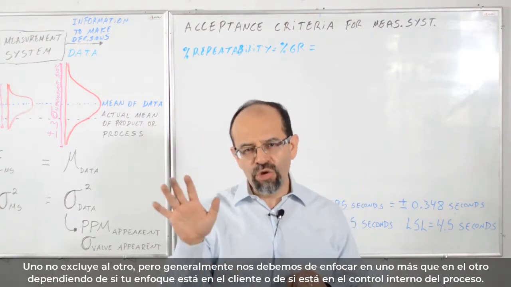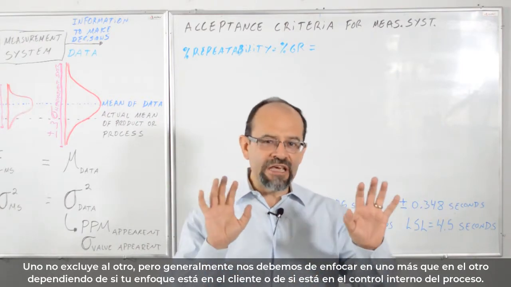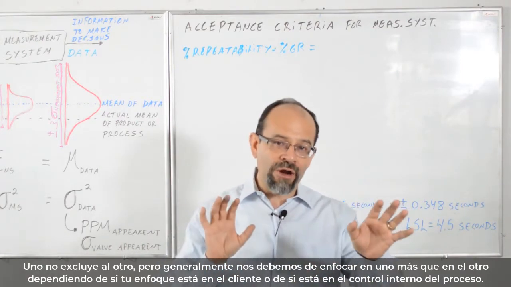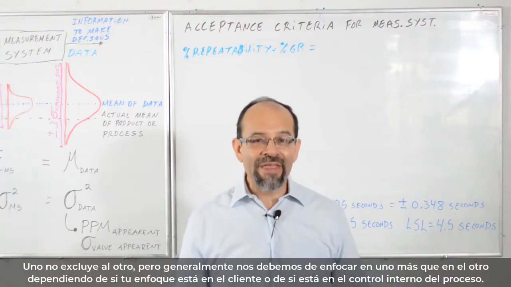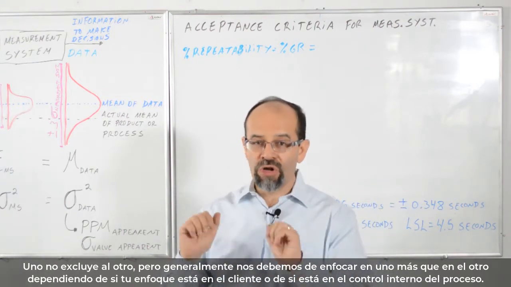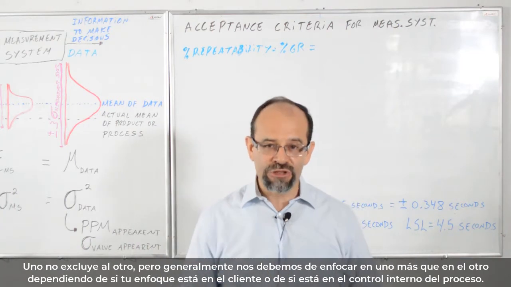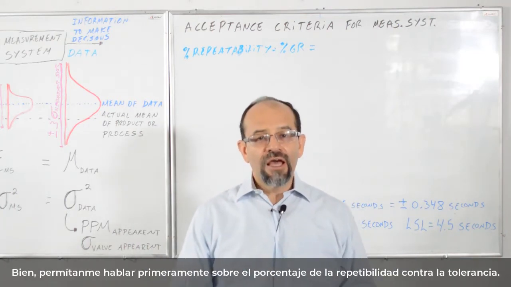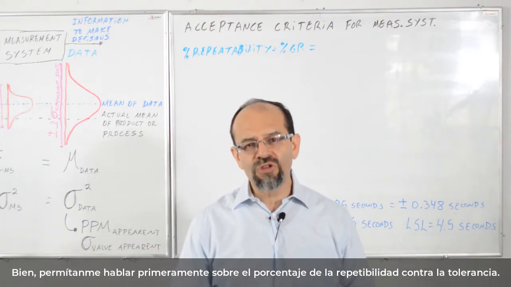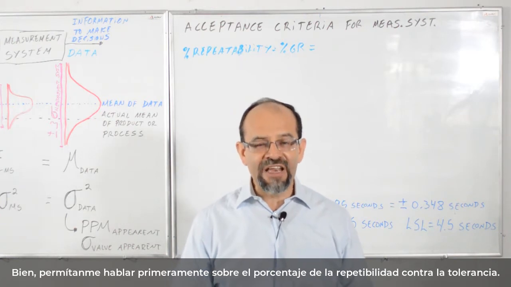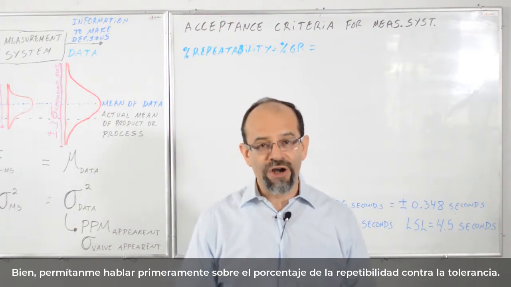One is not excluding the other one, but usually we focus more on one or the other, depending on if your focus is the customer or internal process control. Well, let me talk first about percentage of repeatability against tolerance.